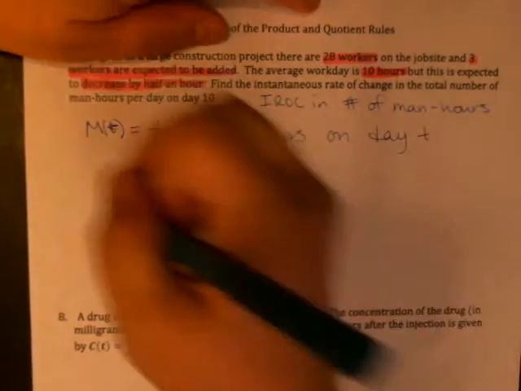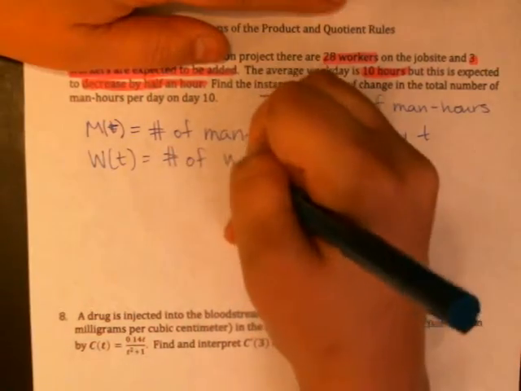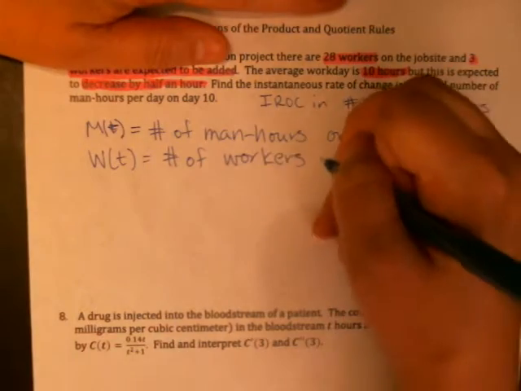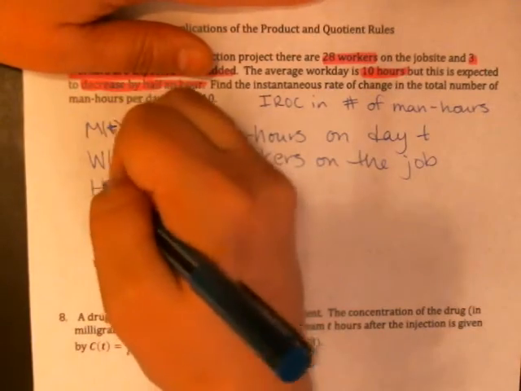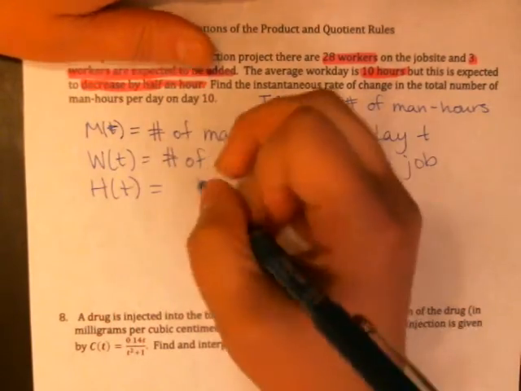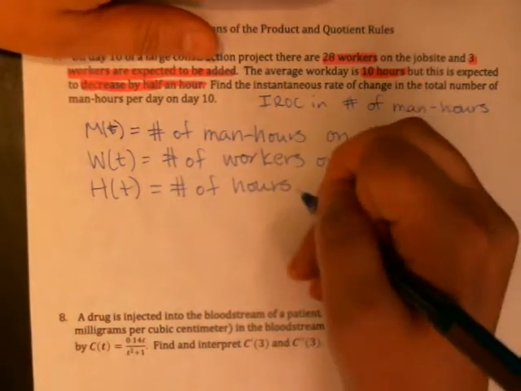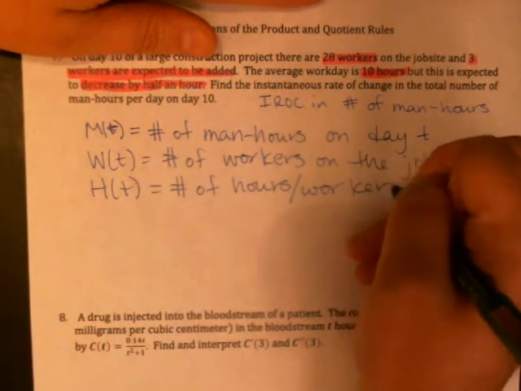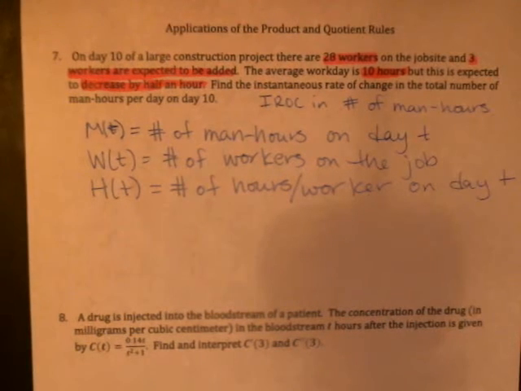So let's say W of T is the number of workers on the job, again on day T, and H of T is the number of hours per worker on day T. If we want the number of man hours, we need to multiply the number of workers by the number of hours per worker.